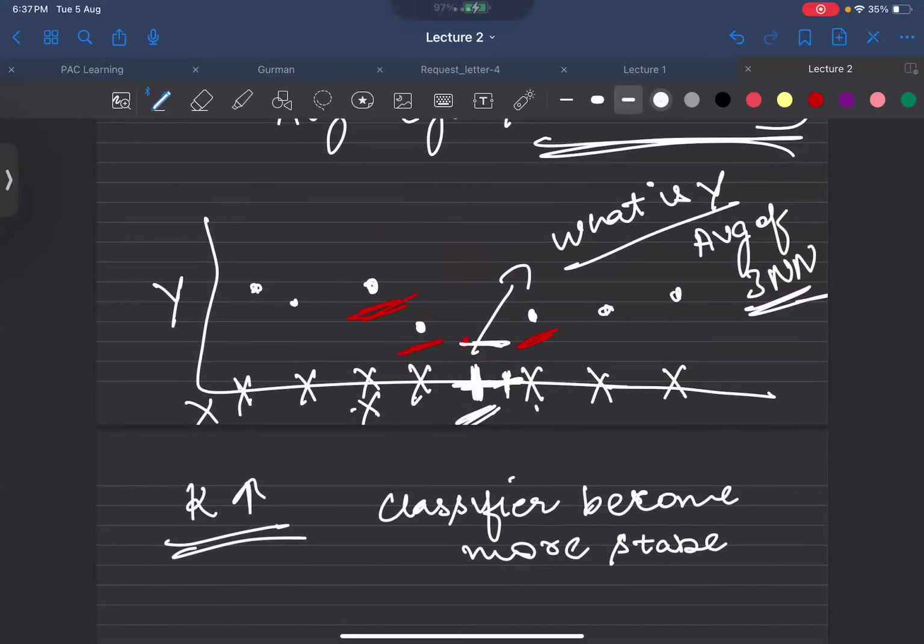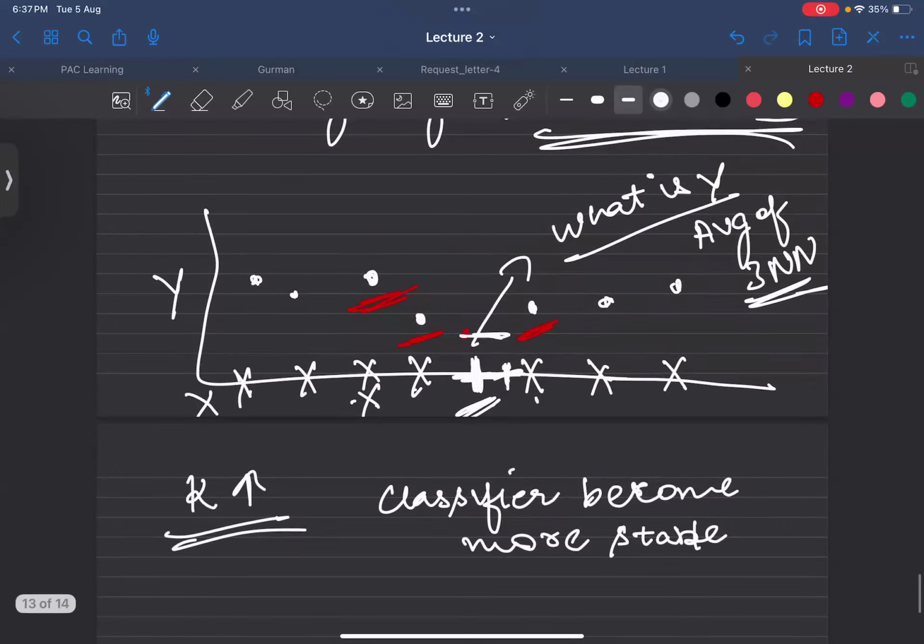Yes, if k increases, the classifier will be simple and more stable. Because if k increases, you are taking points from further away and taking the average, right? Yes, that is the reason.